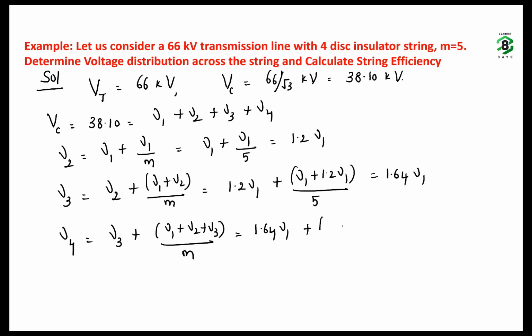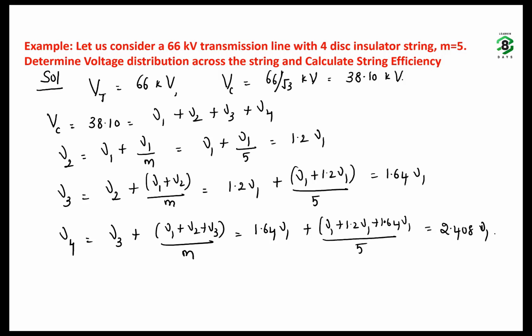So you are going to get 1.64 v1 plus (v1 plus 1.2 v1 plus 1.64 v1) divided by 5. This entire value will become 2.408 v1.